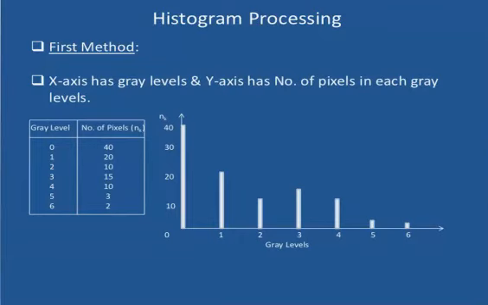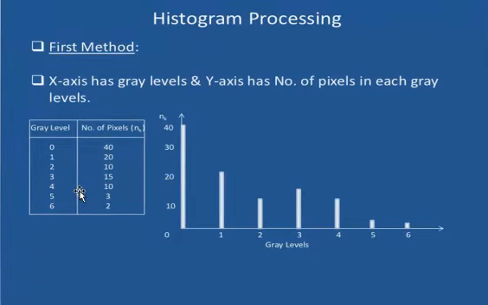Now if I give one image, after getting each pixel intensity information from that image, you should first establish one table like this. But you should know how to draw this table from the image.